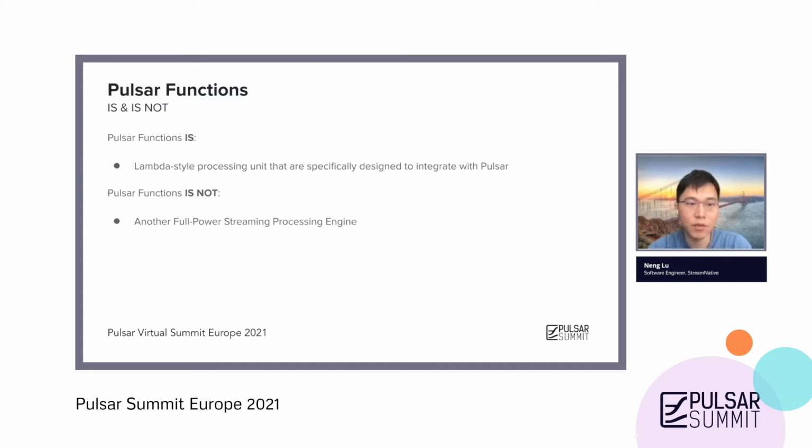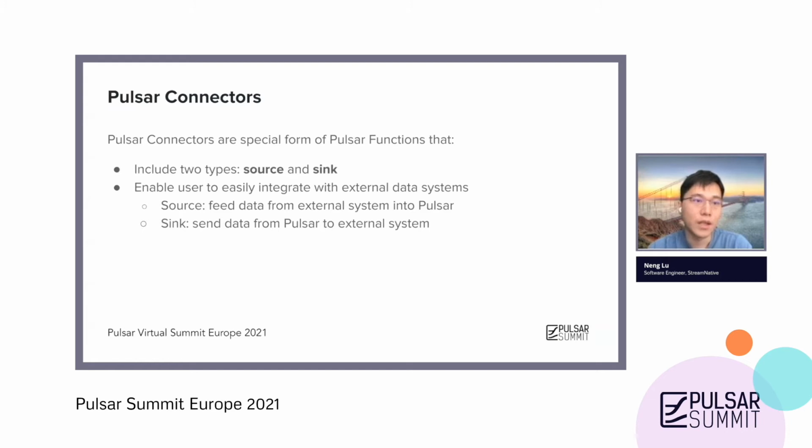It's not another full-power stream processing engine like Apache Flink, which you can integrate with different messaging systems, and which can handle very complex semantics like watermarks and processing time to achieve the data processing goal.